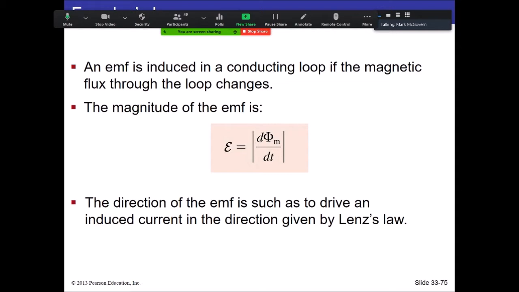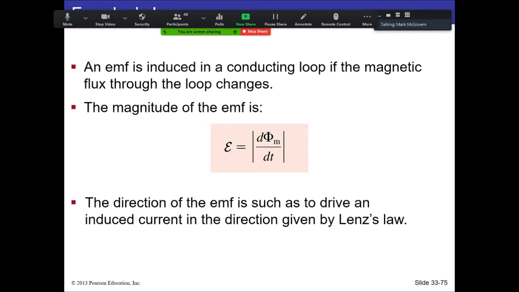And the law is actually quite simple. It's sort of profound in a lot of ways, but Faraday's law says that the EMF, meaning the potential difference that is generated, is equal to the absolute value of the change in magnetic flux. Very powerful statement. It looks simple. There's a lot going on with it, though.